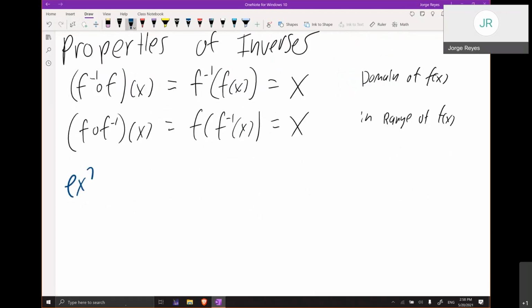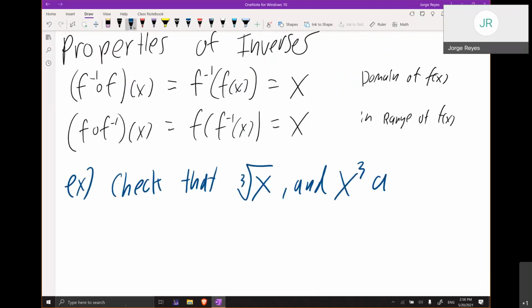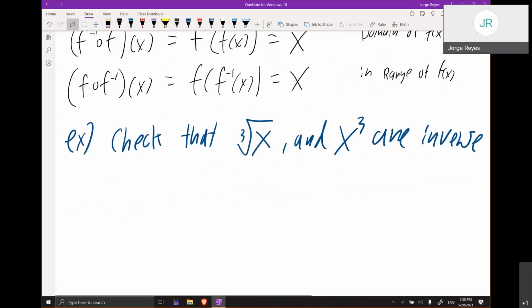Okay, so an example of a question you could get is check that cube root of x and x cubed are inverses. Okay, so how do we check if they're inverses? Well, just call one f, call this g, and then you can just figure out what's f of g and g of f.